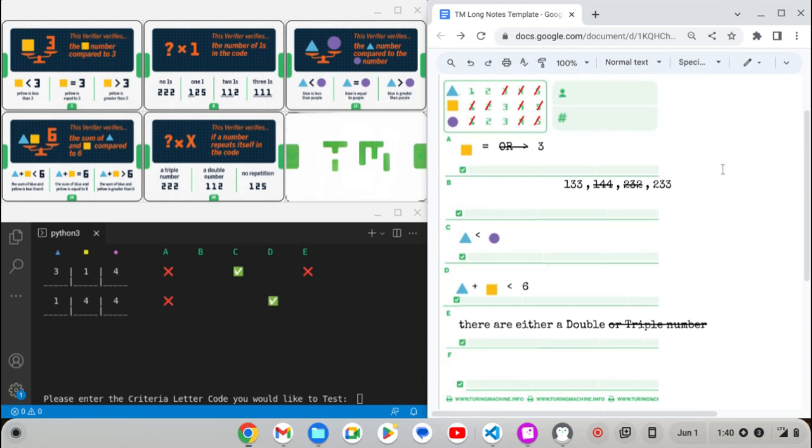There were no potential solutions for that. And at this point, there are cases where triangle is less than circle. 1 is less than 2, and 2 is less than 3. So we'll just have to go ahead and test criteria card B. Is there a 1 or not? So let's go ahead and test that.